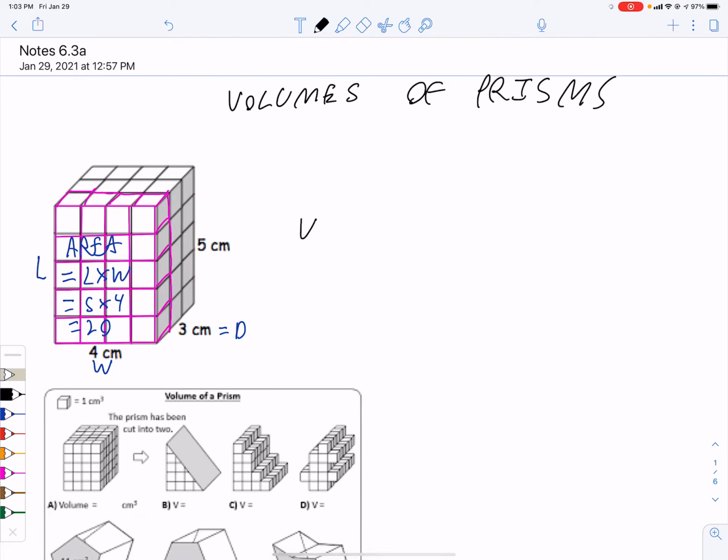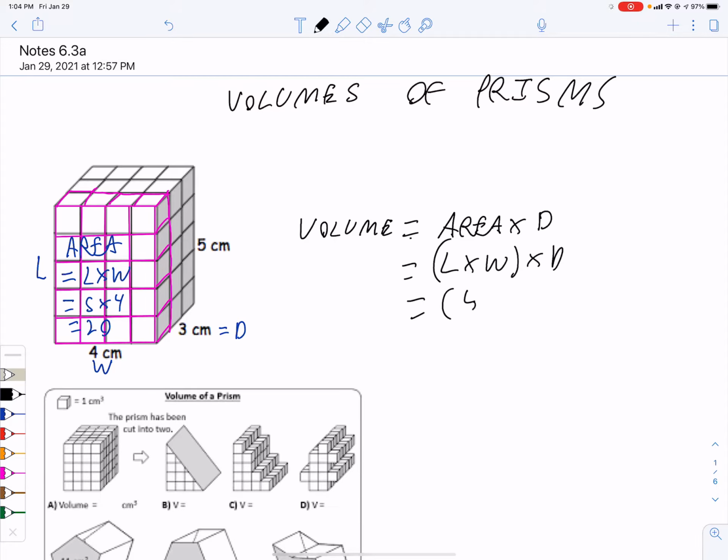So to find the volume, you take the area of the front times the depth. The area in the front was length times width, which is 5 times 4, giving us 20 cubes on the front, but then there are 3 sheets of that.